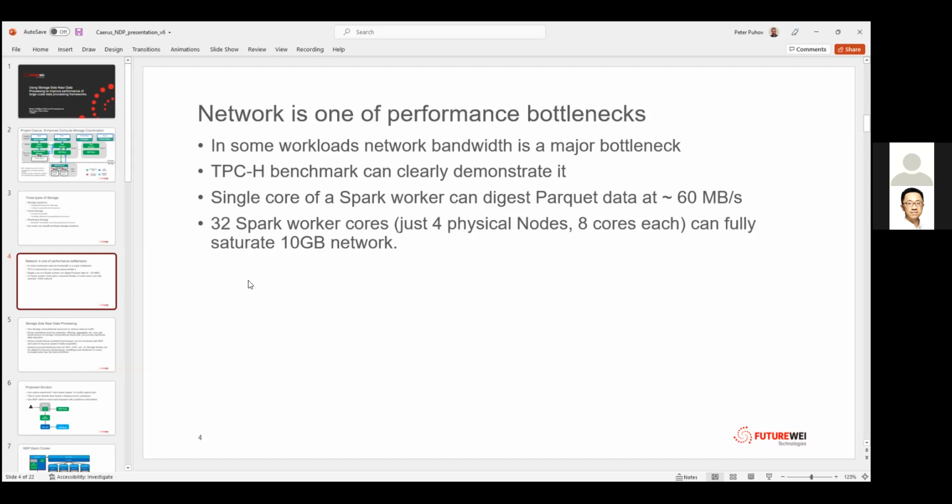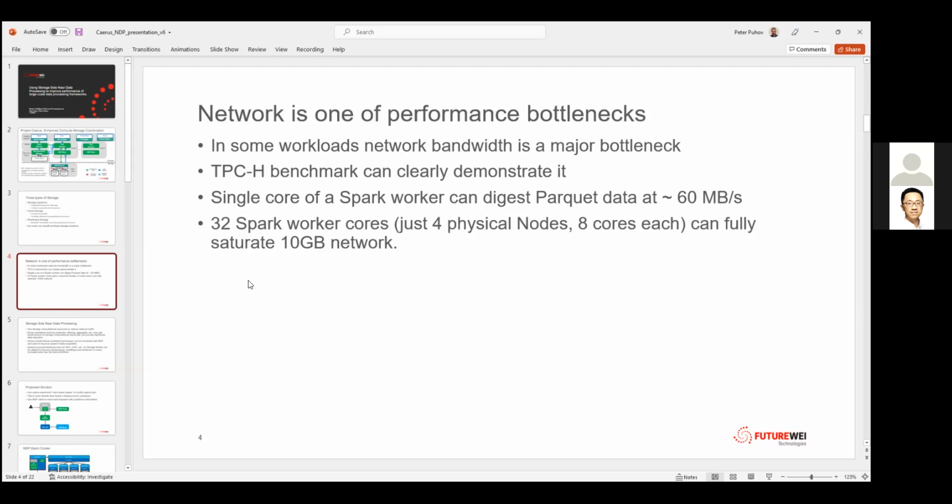TPCH benchmarking can clearly demonstrate it. And again, TPCH is well known in the industry, a lot of papers are written about it, and it's very easy to measure and justify various tests and parts of TPCH. In a very simplistic setup, a single core of a Spark worker can easily digest Parquet data at 60 megabytes per second.